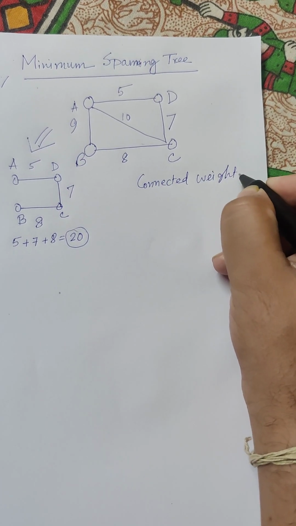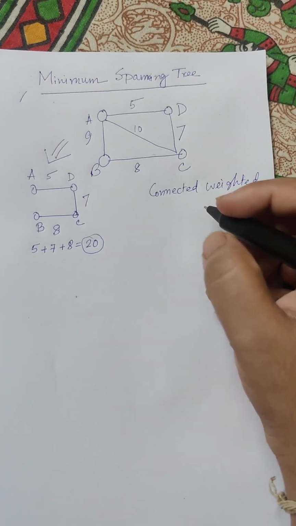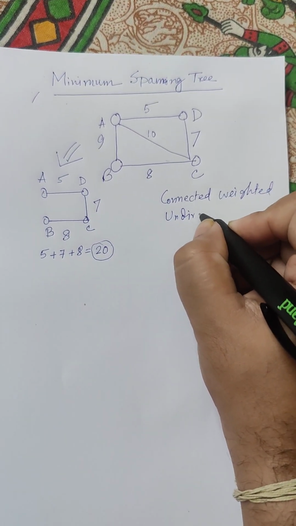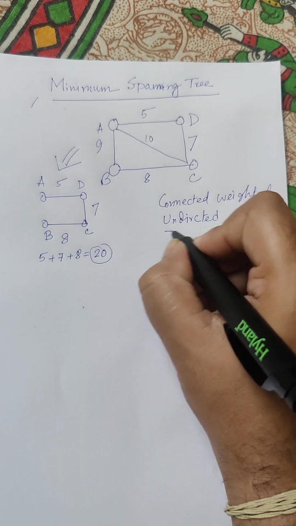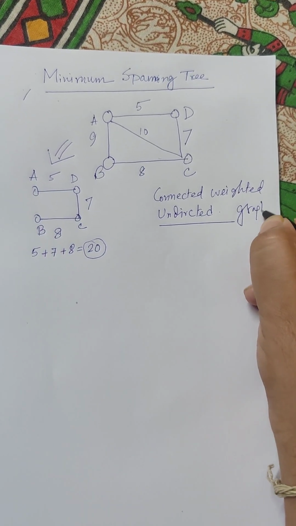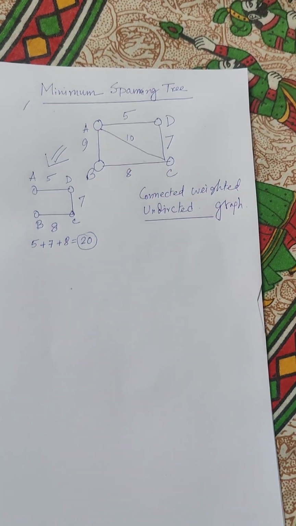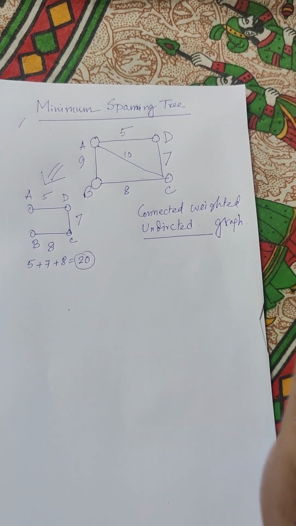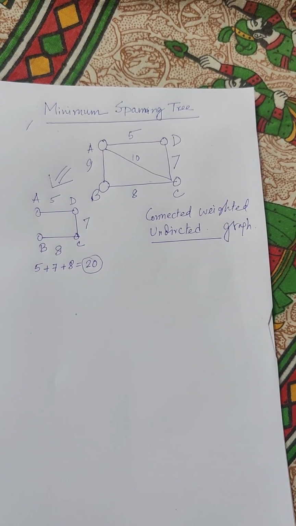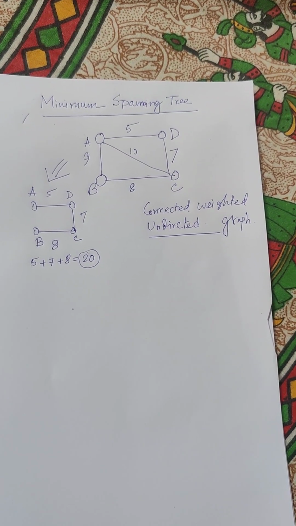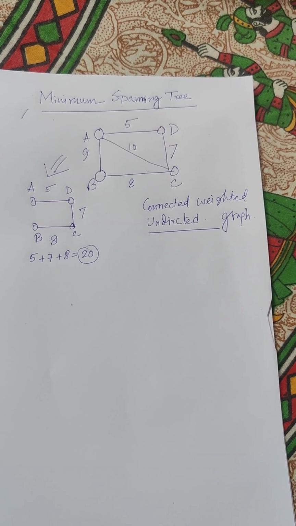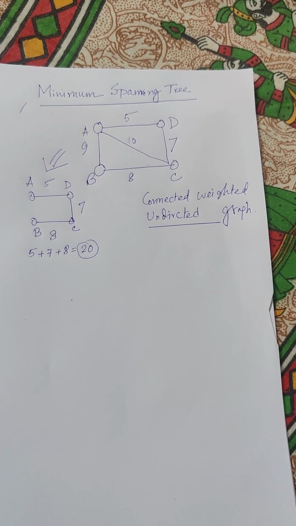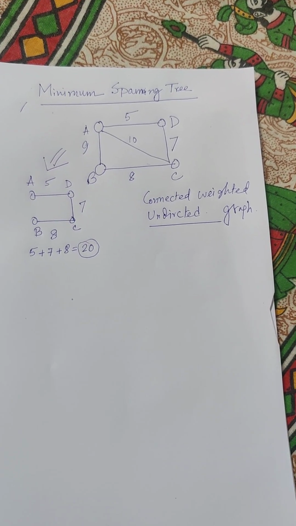But there is another property which we are probably missing over here, that this is undirected as well, an undirected graph. So this algorithm which we will be talking about right now, that is Prim's algorithm, will be used for this type of graph, or a graph which has these properties. It should be connected, it should be weighted, and it should be undirected.